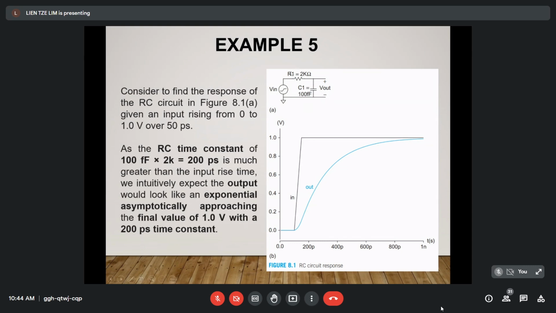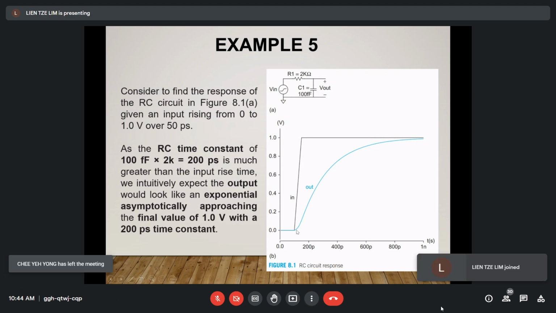The resistor and the capacitor determine the RC constant, and this will change the curve of the circuit response. This graph shows the RC circuit response.